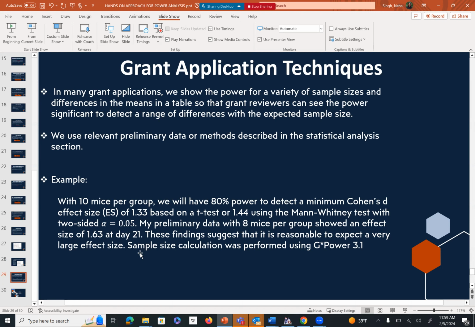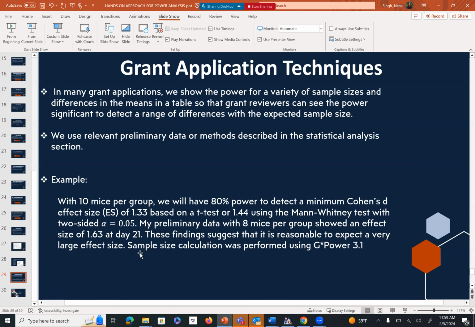So if you think that there's a significant difference between 2 groups, which is pretty large, then you can show that you assume that with this effect size, a large difference between the 2 groups, you will have this much sample size. Or if you're looking for a small relationship between 2 variables of interest, correlation, then you can provide that sample size calculation.